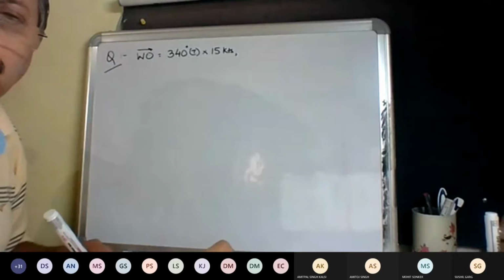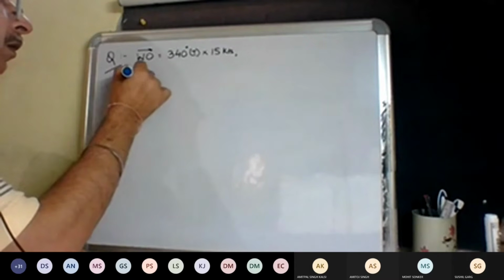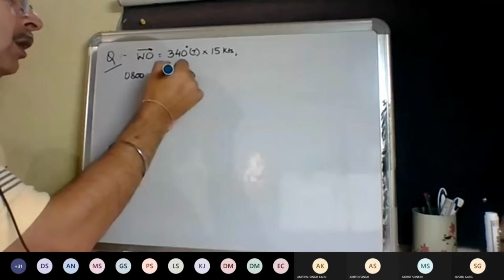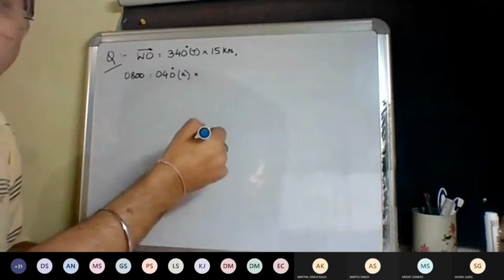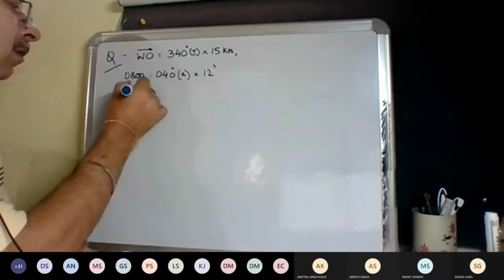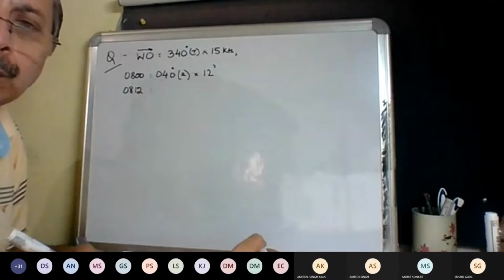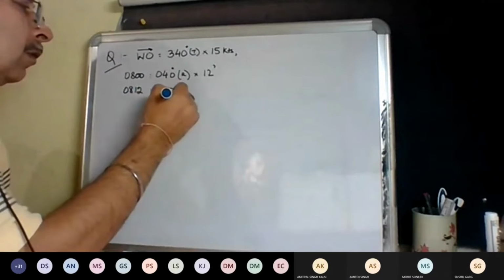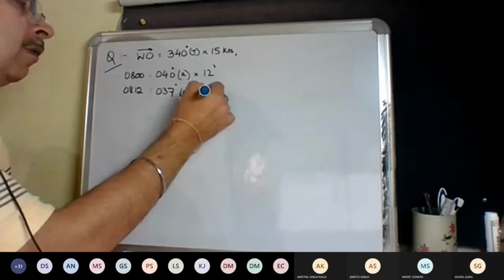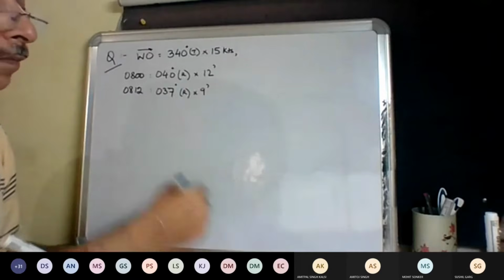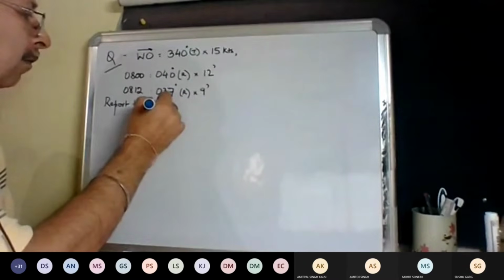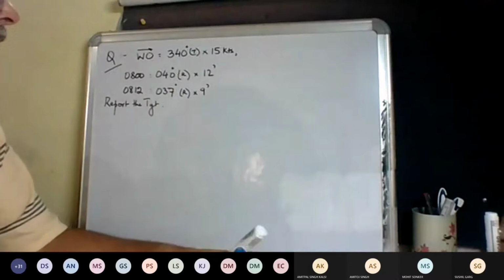Target bears as follows: 0800 hours, 040 degrees, range 12 miles; 0812, 9 miles. The question says report the target.